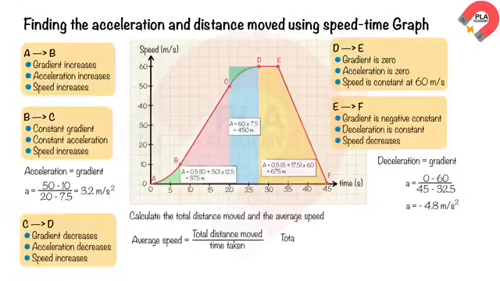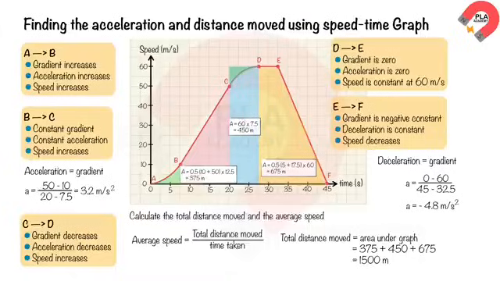The total area under graph is equal to 375 plus 450 plus 675, which is equal to 1,500. The average speed is equal to 1500 divided by 45, which is equal to 33.3 meters per second, rounded to 3 significant figures.